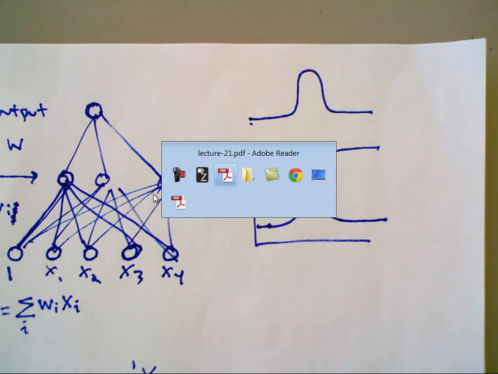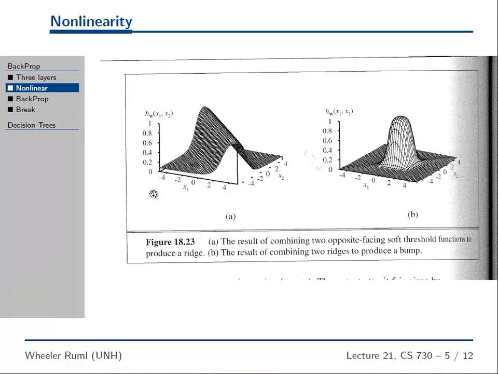And the picture from the book is illustrating a 2-dimensional bump. So we've got x1 and x2, and then the output is the vertical axis. And depending on how these linear functions are aligned, this bump is going to go in a certain direction. And then if I combine multiple bumps together, I'm going to end up with a single centralized tower here.